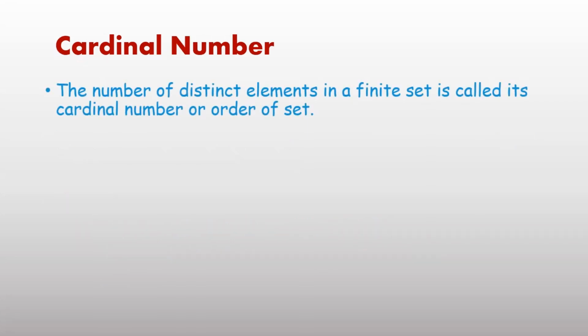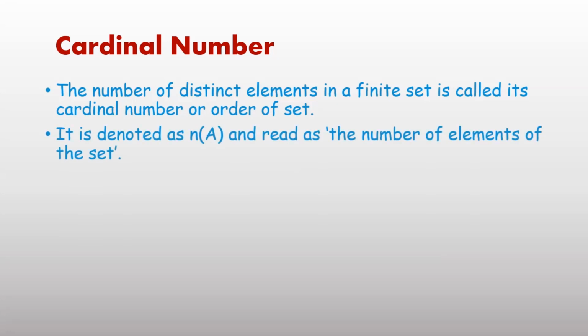Now, next, order of a set or cardinal number. Number of distinct elements in a finite set is called its cardinal number or order of set. The number of elements in finite set, because in case of infinite set, number of elements are infinite, or which you can say it is not defined.